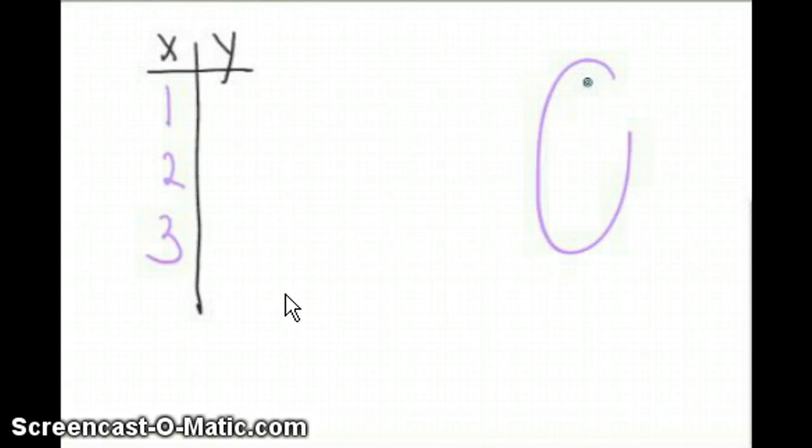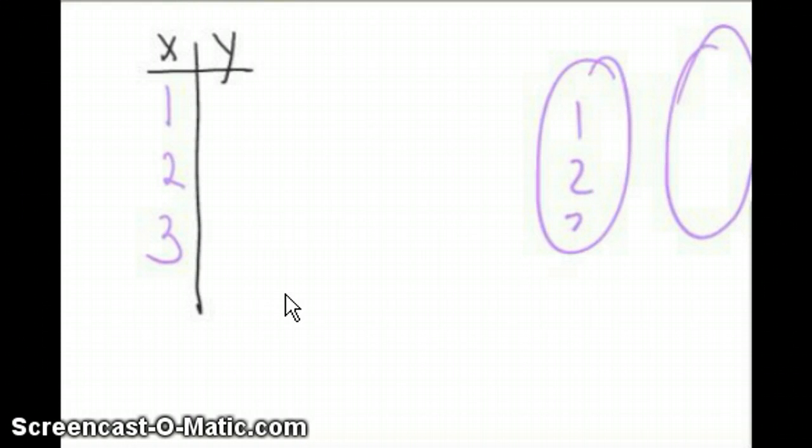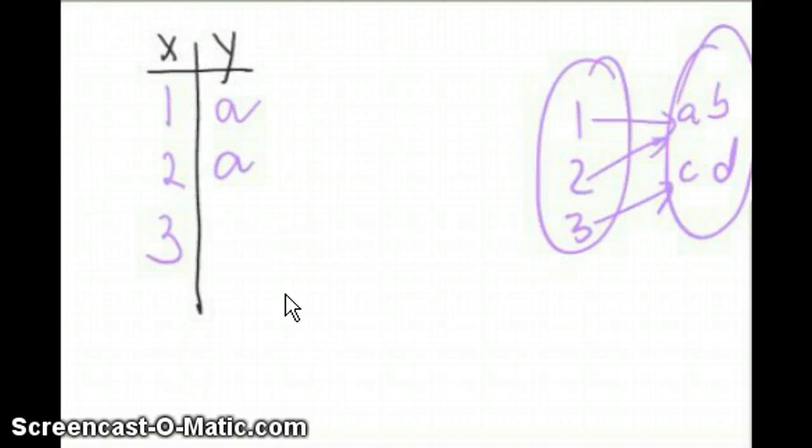Let's say we have 1, 2, 3 and A, B, C, D: 3 and C, 1 and A, 2 and A. So the corresponding image for 1 is A, the corresponding image for 2 is also A, and the corresponding image for 3 is C. So you can see that each of the arguments has one image.